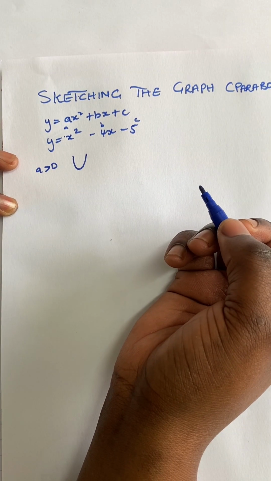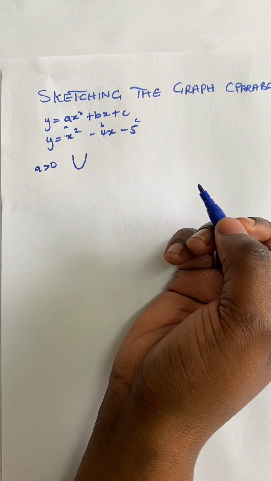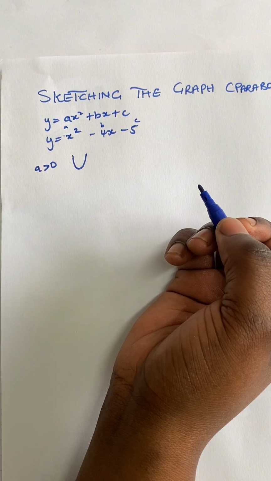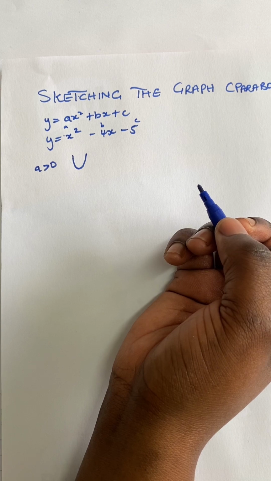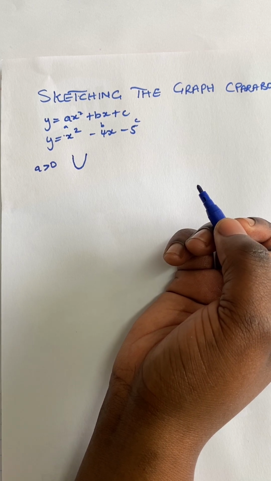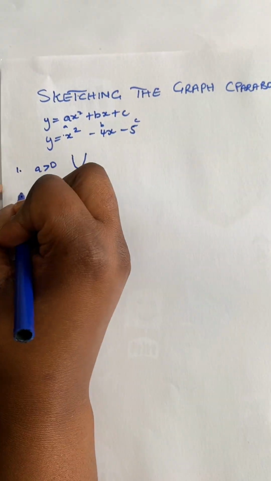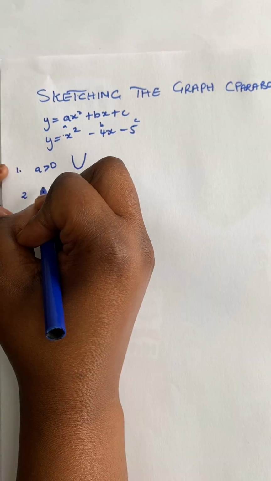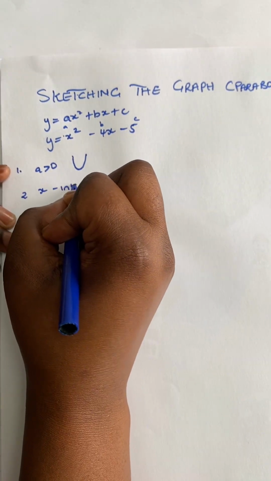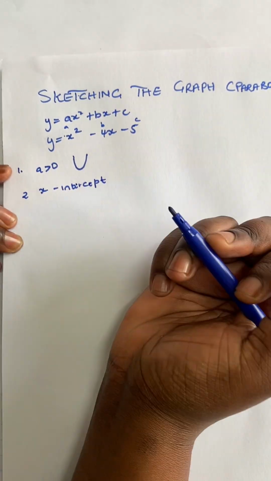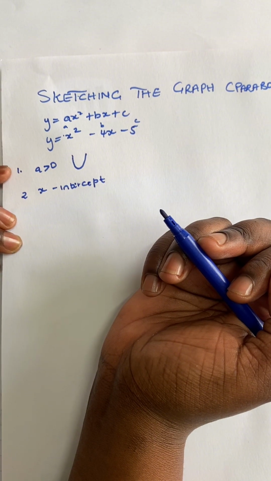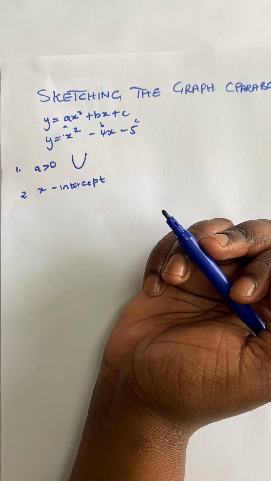And then what else should you know? Firstly and secondly, you should know your x-intercept. Remember in the previous video I told you that you will be doing this more often in functions.